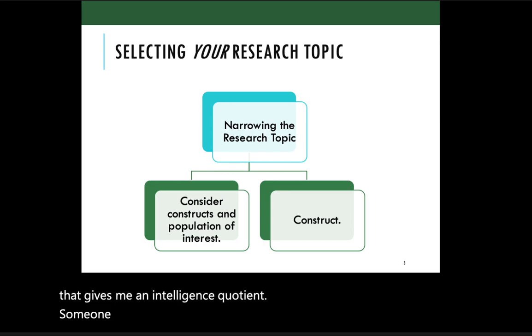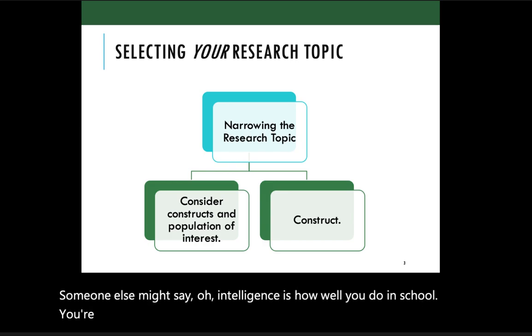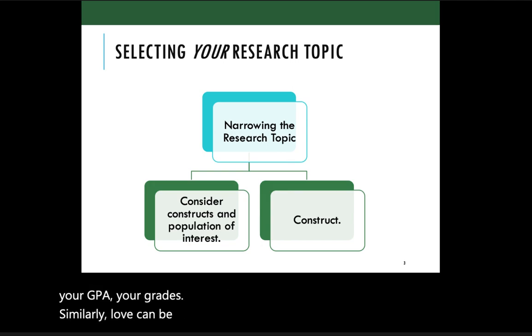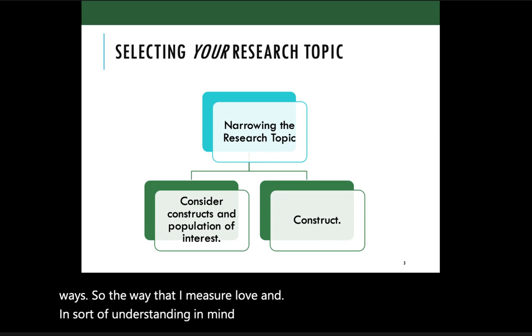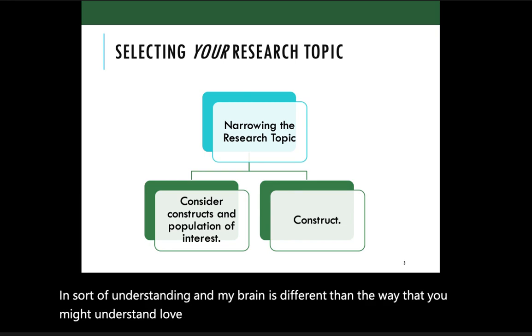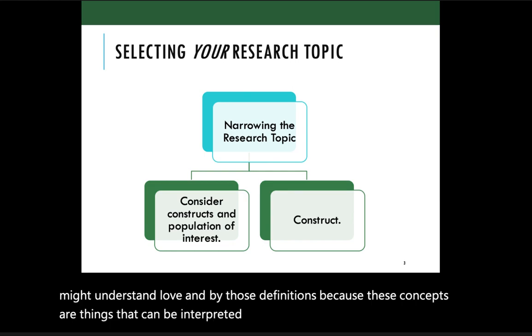Someone else might say, oh, intelligence is how well you do in school, your GPA, your grades. Similarly, love can be defined in different ways and measured in different ways. The way that I measure love and understand it in my brain is different than the way that you might understand love. And because these concepts can be interpreted in different ways, we would call them constructs.